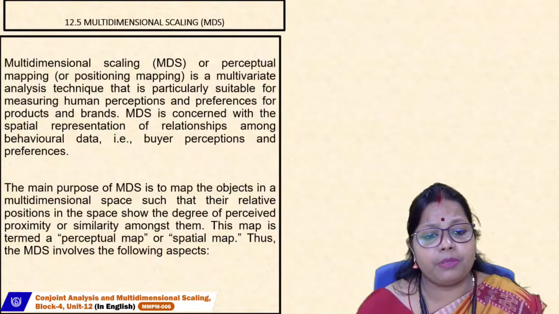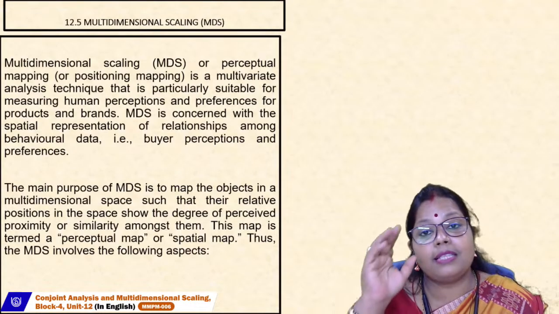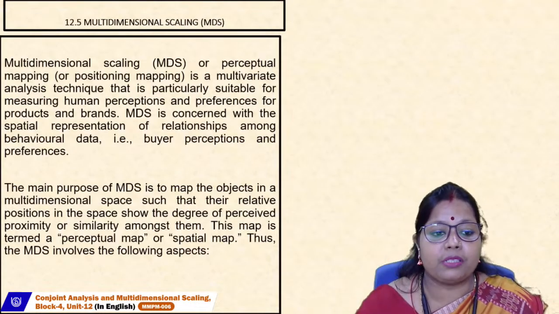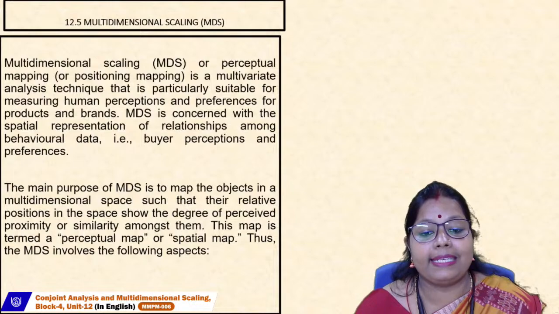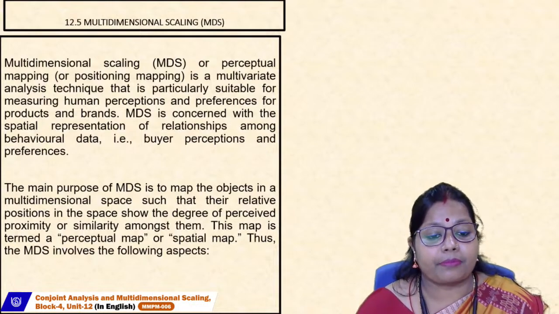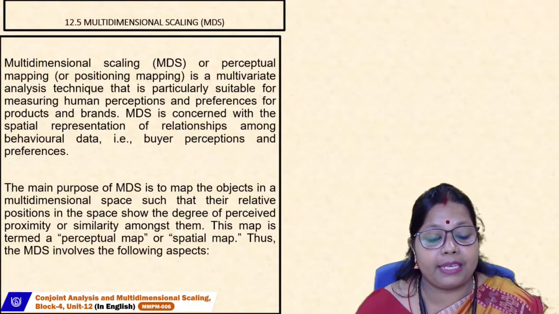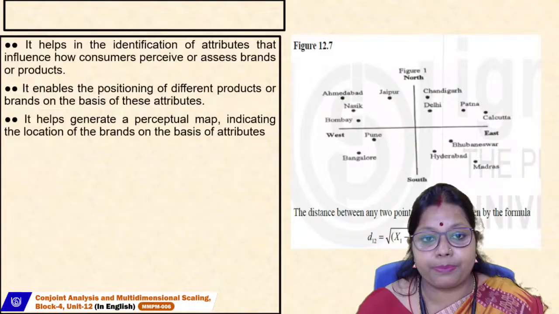The main purpose of multidimensional scaling is to map the objects in a multidimensional space such that their relative positions show the degree of perceived proximity or similarity amongst them. This map is termed a perceptual map, or spatial map. Thus MDS involves the following aspects.